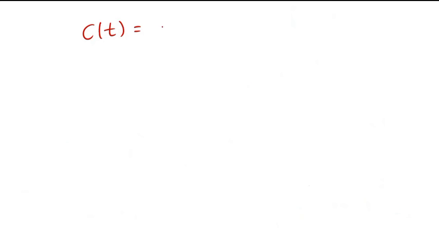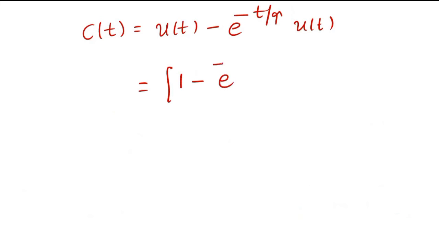Inverse Laplace transform of 1 by s is u of t, and inverse Laplace transform of 1 by s plus 1 by tau is equal to e power minus t by tau into u of t. So u of t is common in both the factors, so you can write like this. C of t is equal to 1 minus e power minus t by tau into u of t.